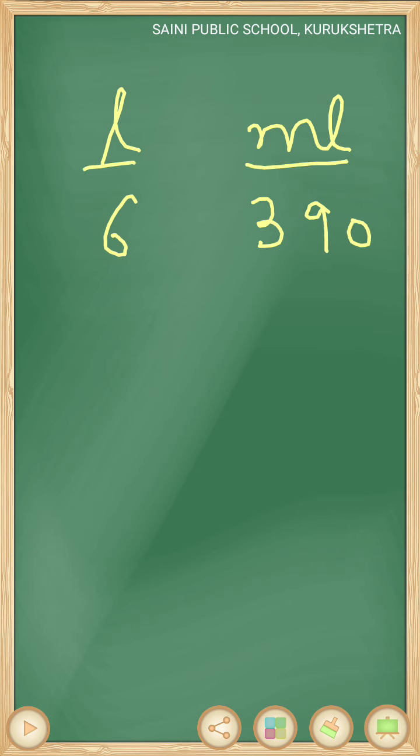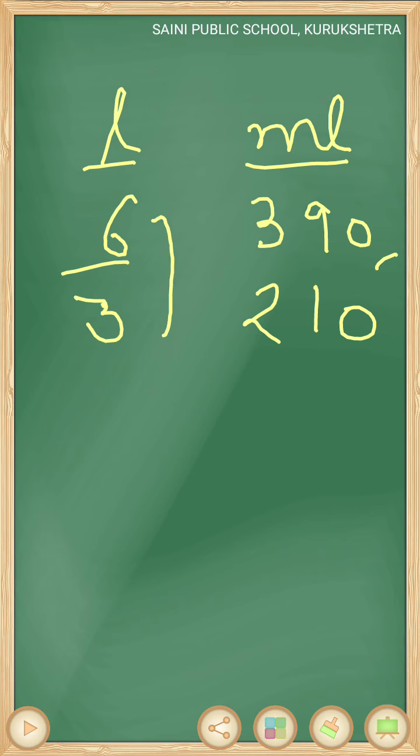The second number was 3 liter and 210 milliliter, so 3 will come below liter and 210 below milliliter. Liter will come below liter and milliliter below milliliter. Now put a plus sign here.